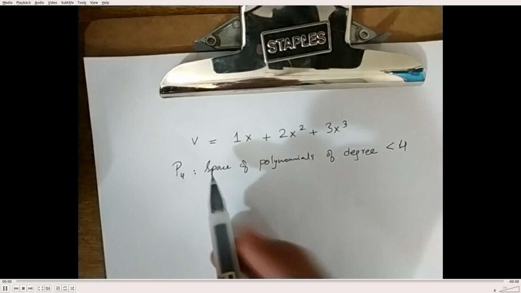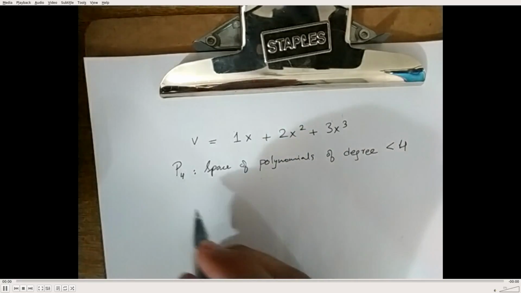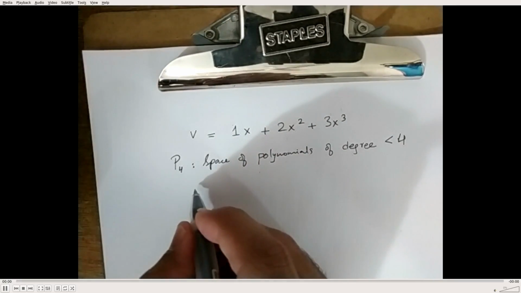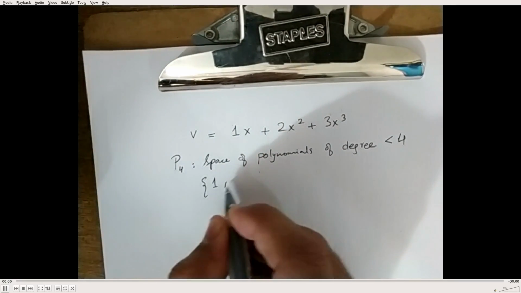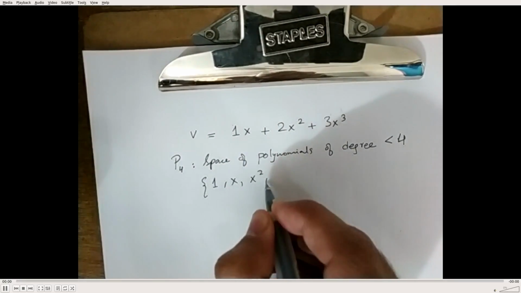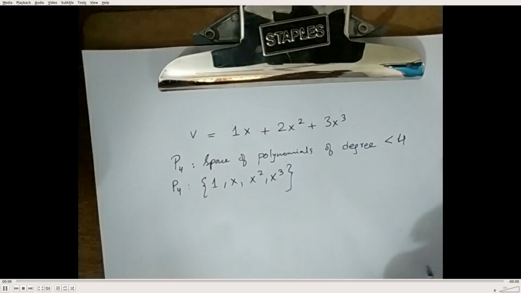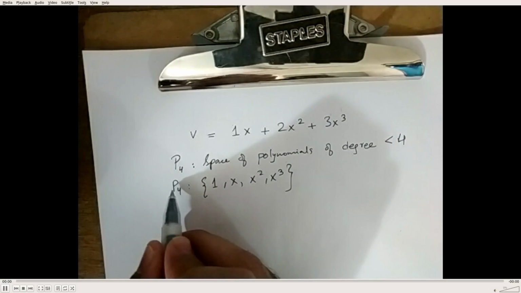And so notice that if I make a basis vector, the standard basis for polynomials would be as follows: 1, x, x squared, and x cubed. This would be the standard basis for this polynomial space.